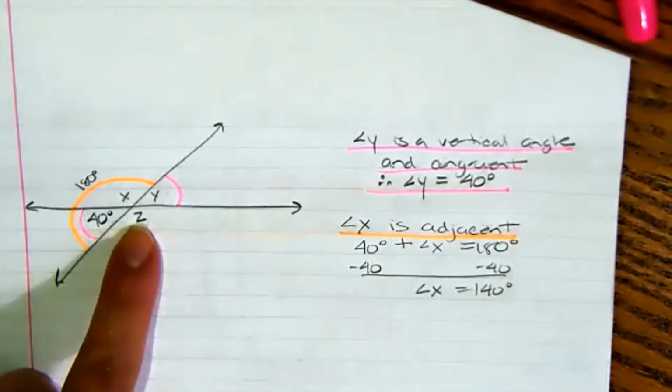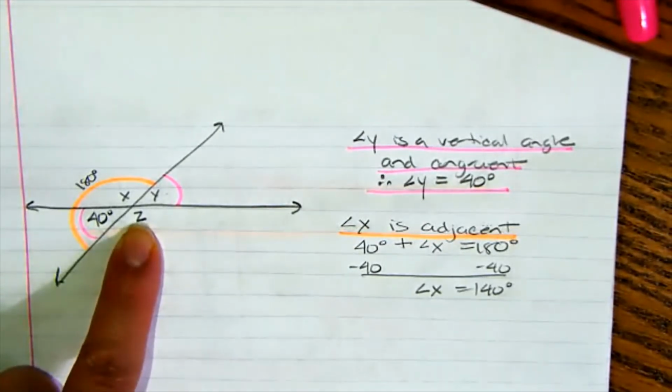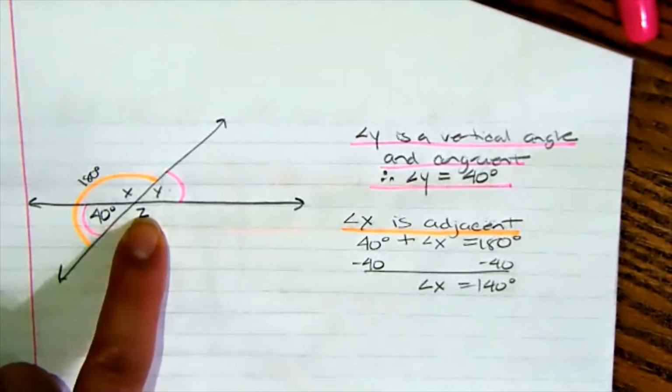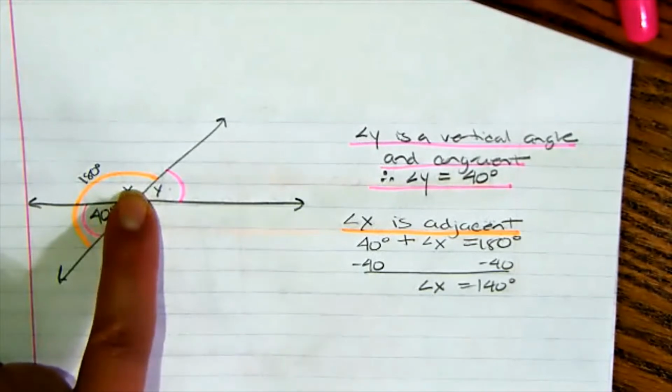Okay, now we need to figure out angle Z. There's two ways we can do this. We can say, well, angle Z is a vertical angle.